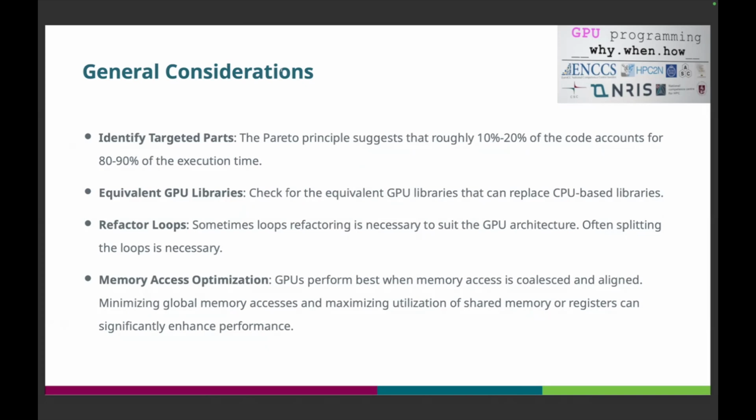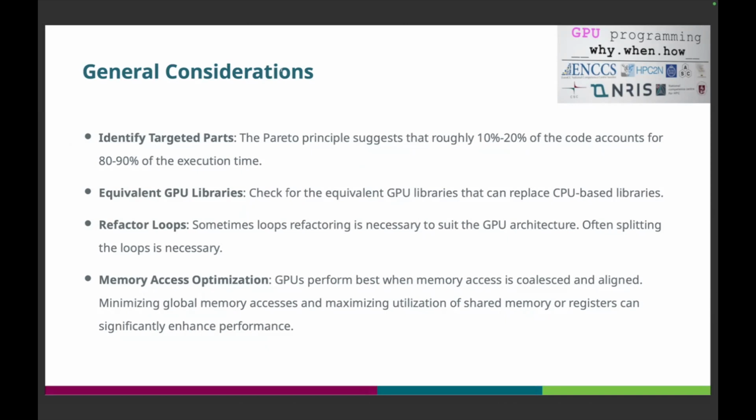We can find these parts with some fancy profiling tool, which will tell exactly how much time is spent in each function. But in this case, it's also okay to just go to the CPU version, measure the time spent in each step, and then decide and identify the code which actually needs to be ported.